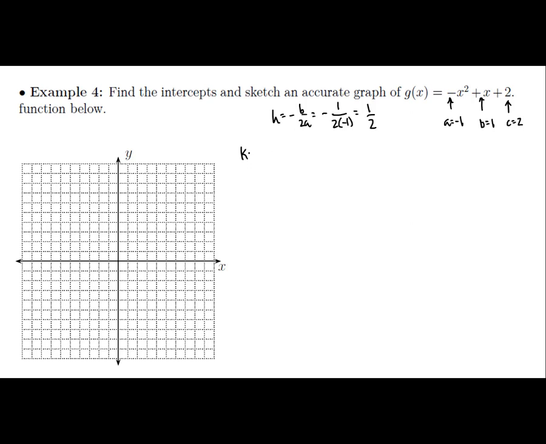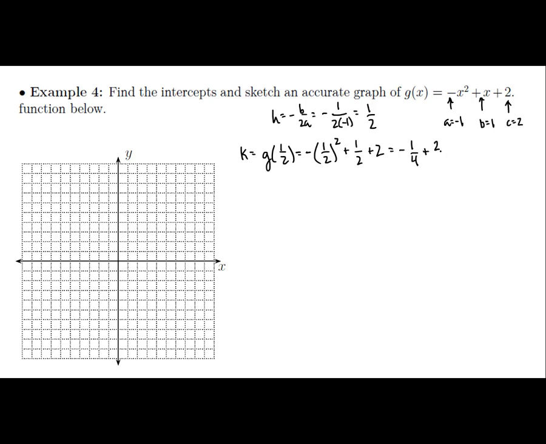My k is equal to g of 1/2, right? So I'm just plugging in the x value into the function. So that's -(1/2) squared plus 1/2 plus 2, which is -1/4 plus, might as well get common denominators here.